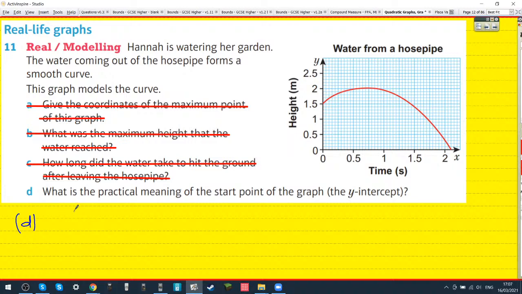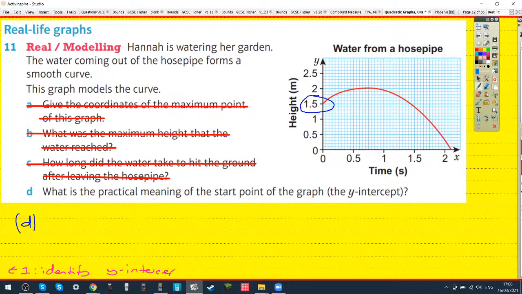So the y-intercept is there. Is it just so you know that it's for the y?